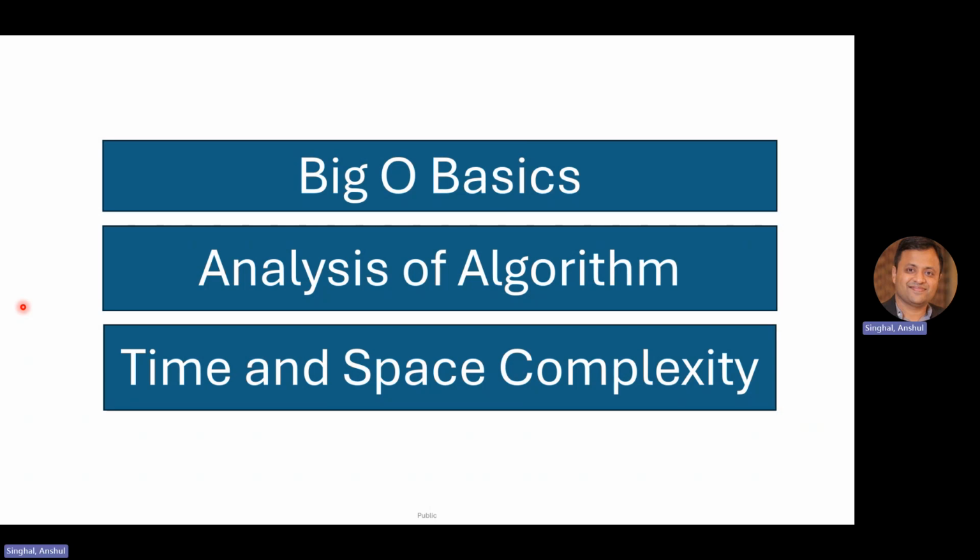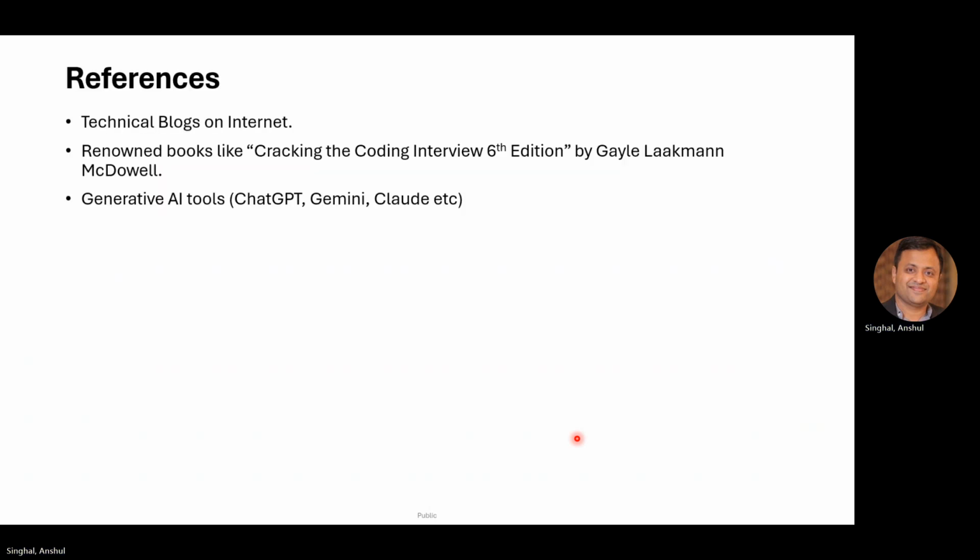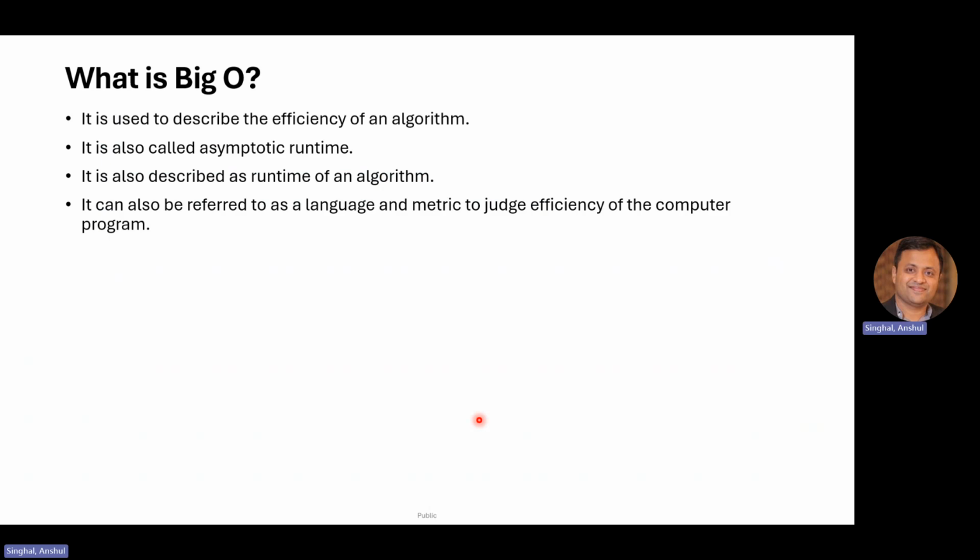So in the last part, what we covered was what is Big O, wherein we had gone through that Big O is used to judge the efficiency of a given algorithm, and it is also known as asymptotic runtime or runtime of an algorithm.